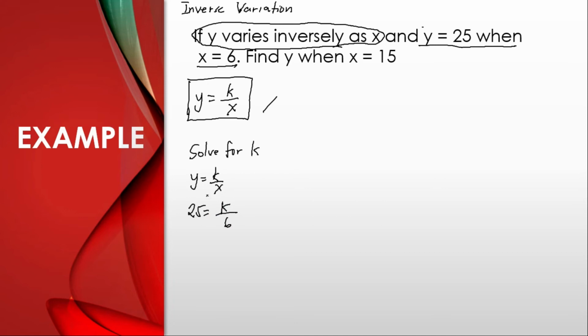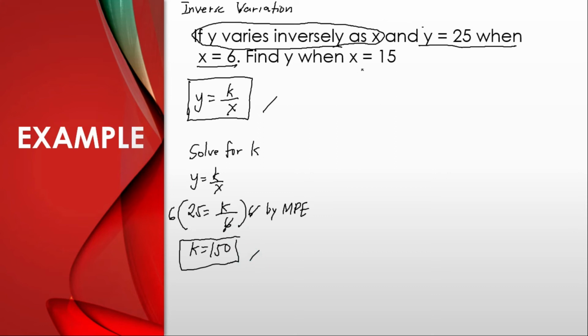By using MPE, or the multiplicative property of equality, we multiply both sides by 6. Matatanggal na to. And 6 times 25 is 150. So, k is equal to 150. Meron na tayong k.